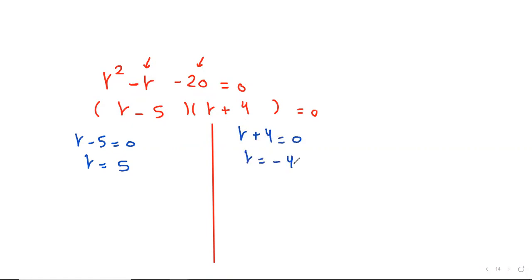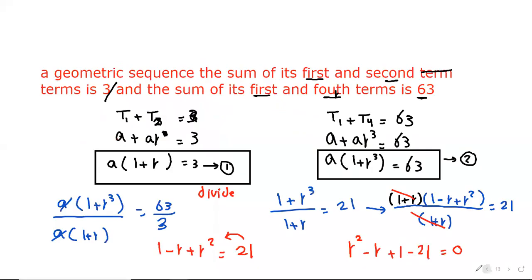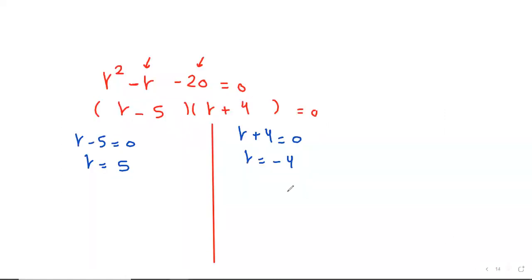Okay. And we know from equation 1 that A multiplied by (1 plus R) equals 3. So we can get A from this equation. Just put R equals 5.